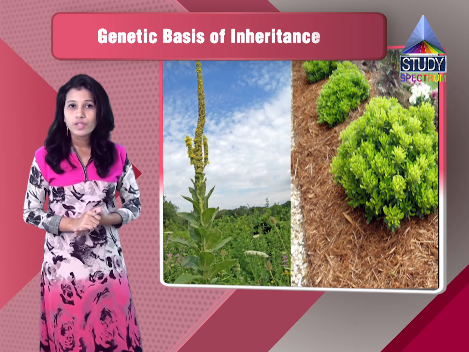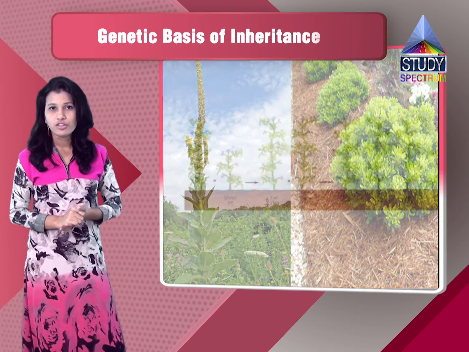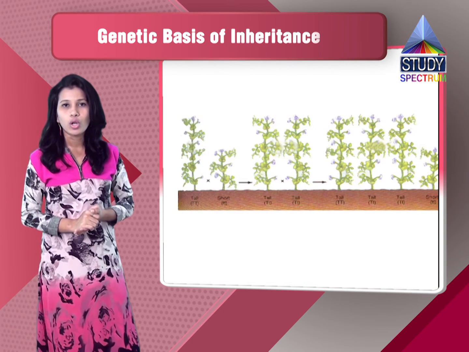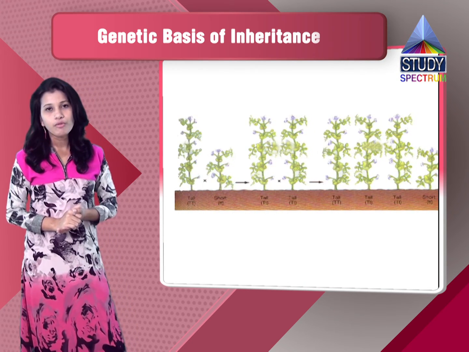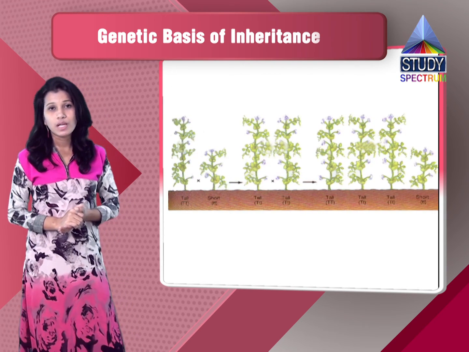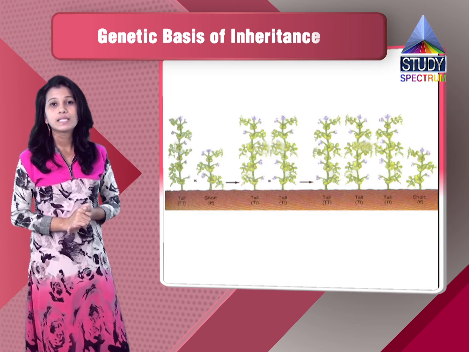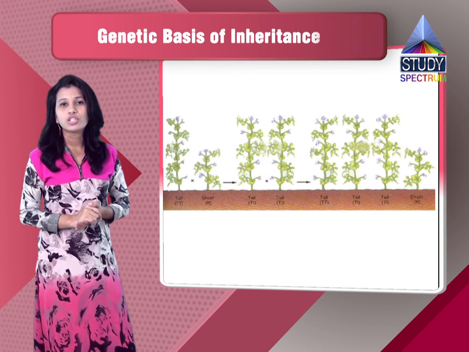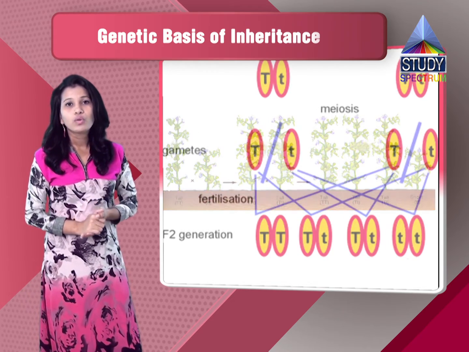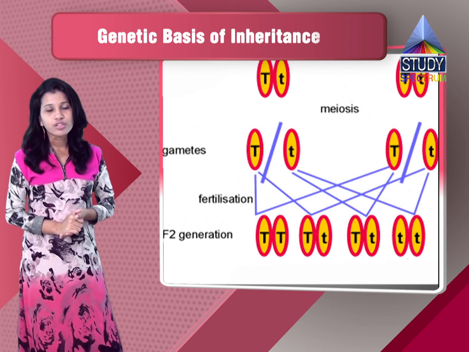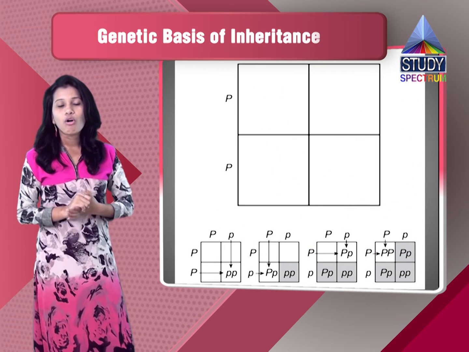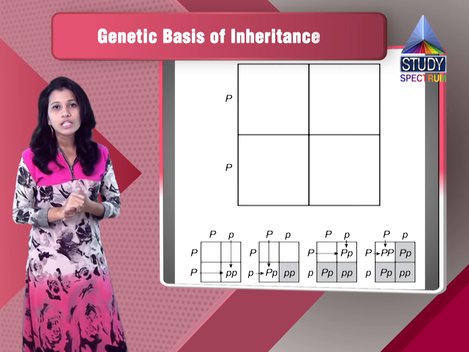Then when they fuse with each other, they will give you the F1 generation, and that F1 generation will be having the plants which will all be tall. But if you see the genotype of the F1 generation, they will be having both the genes from the tall as well as the dwarf one, and hence the genotype of this F1 generation can be represented as capital T and small t. When we find out the F2 generation, we can see that using a Punnett square, the gametes of the F1 generation will be capital T and small t.